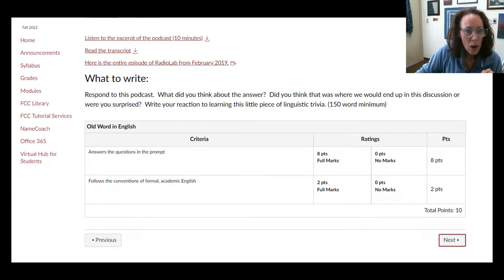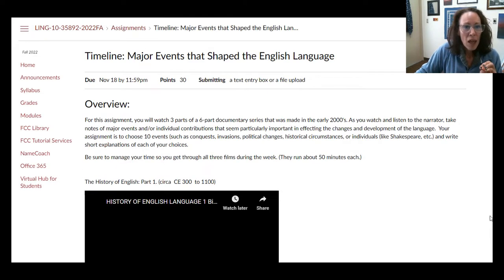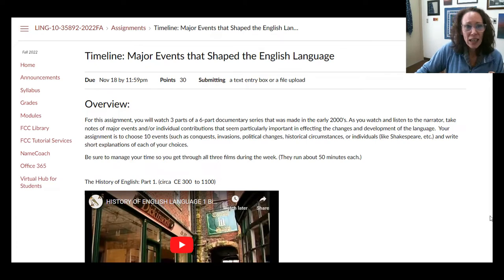Okay, and then the next thing is a little bit of a larger assignment for you. This one is going to take you some time, so make sure that you give yourself enough time to do this one. It's going to be a timeline of all the different major events, or many of the different major events that have shaped the English language.